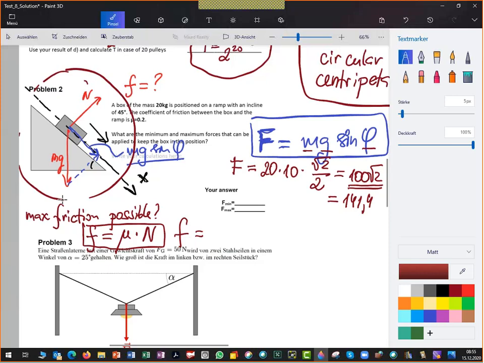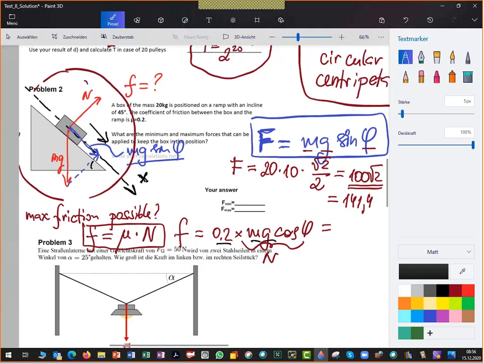That means the friction force will be equal to the friction coefficient, which is 0.2, multiplied by mg cosine phi, which is N. How big is it? Well, this we know, this we know, this we know.